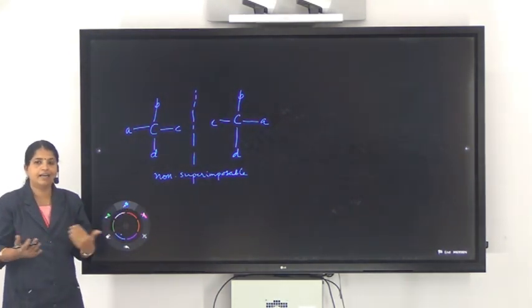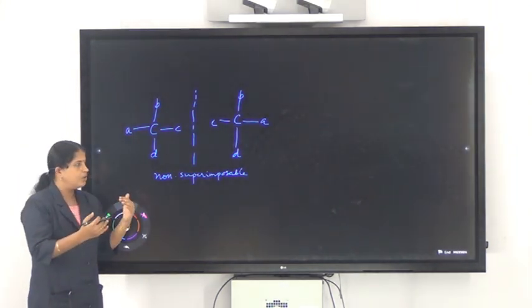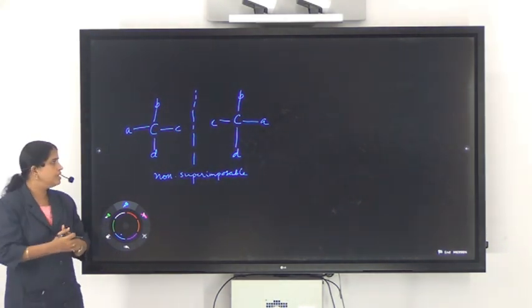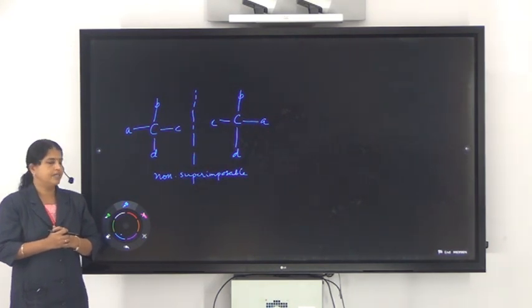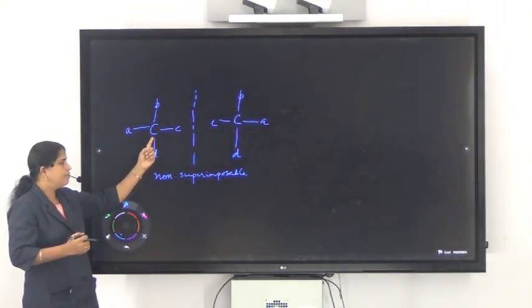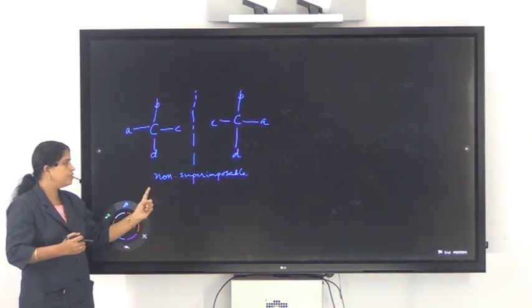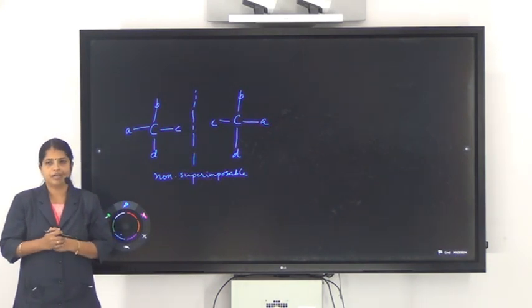So what is meant by chiral carbon or asymmetric carbon? If the 4 valencies of a carbon are satisfied by 4 different groups, then that carbon atom is a chiral carbon or asymmetric carbon. So this is a chiral carbon. Its mirror image is a non-superimposable mirror image.